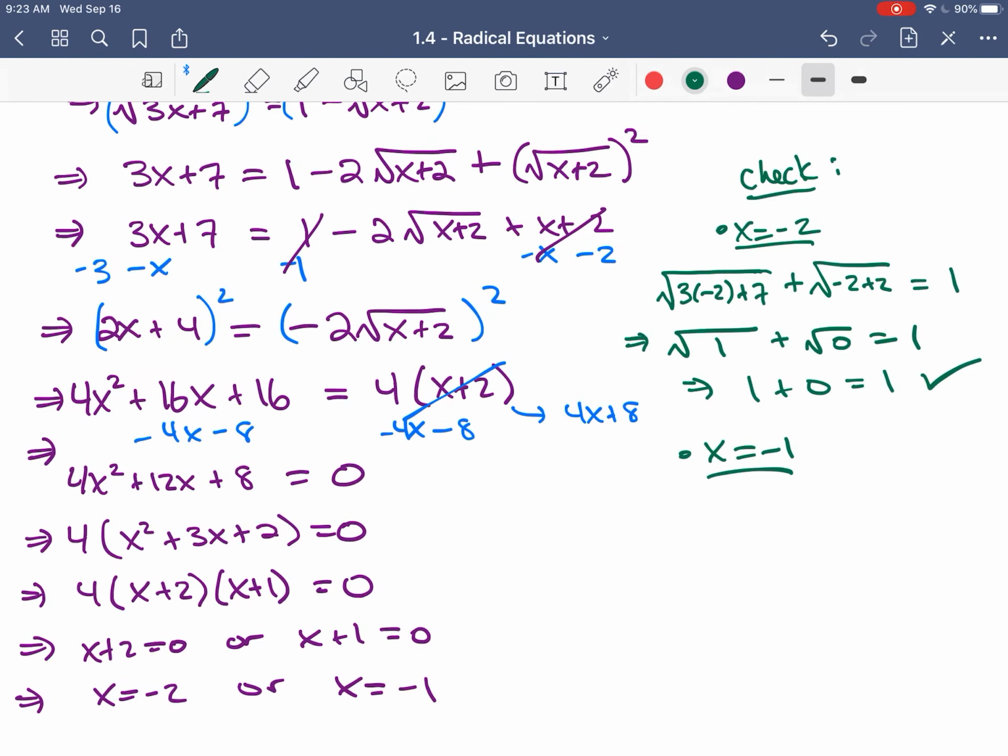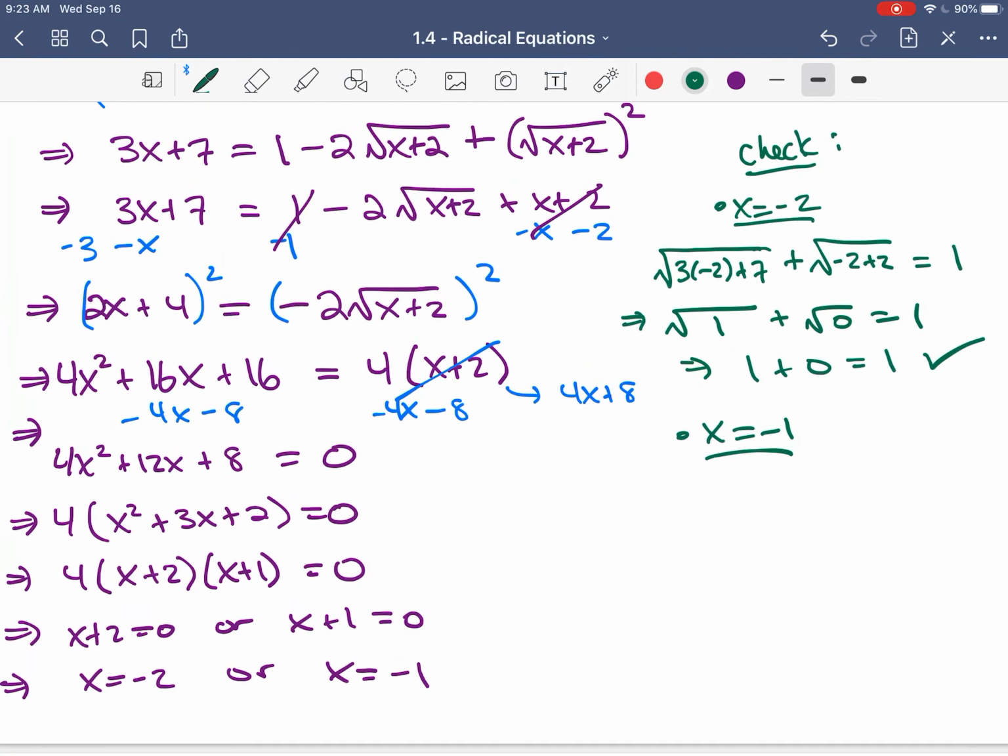Now what about x equals negative 1? So it's going to be square root 3 times negative 1 plus 7 plus square root of negative 1 plus 2 equals 1. So we're checking to see if that's true. Negative 3 plus 7 is 4 inside the square root. And then over here I have a 1 inside the square root.